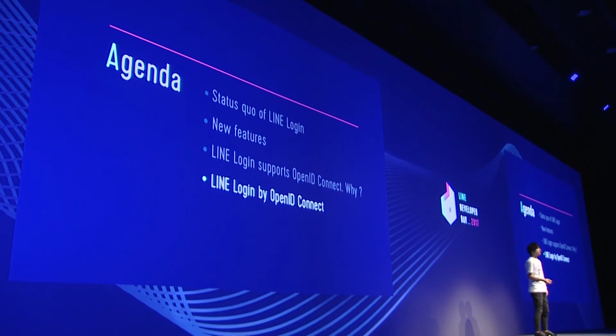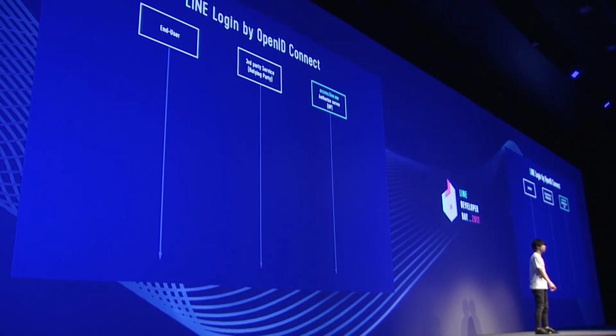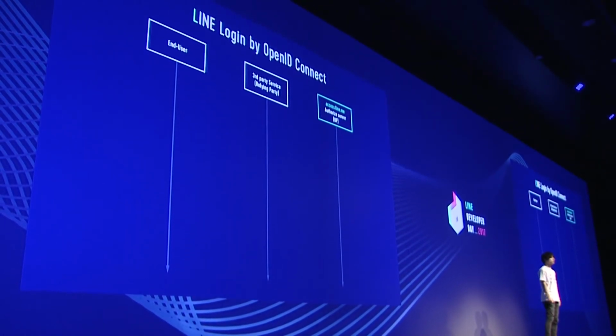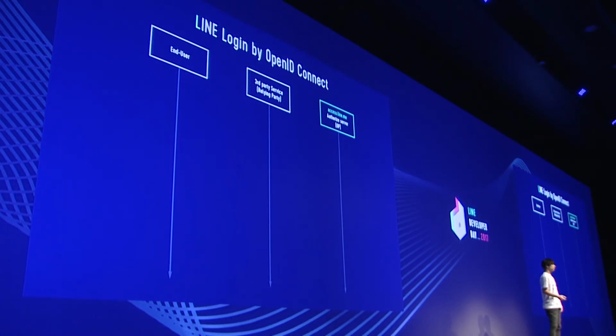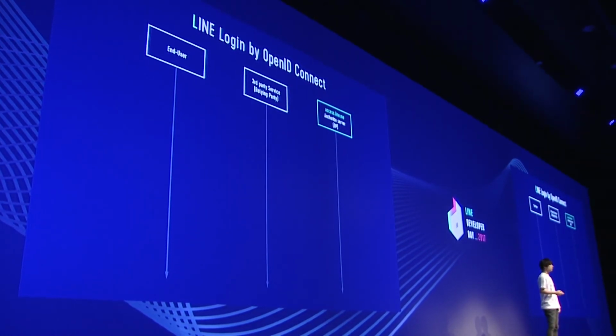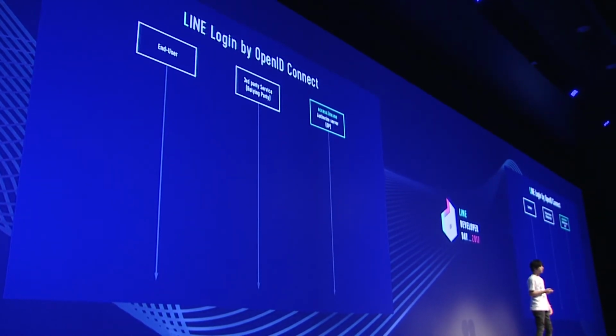Let me talk about LINE login using OpenID Connect in more detail. Let me use a sequence chart. Mostly, it's the same as OAuth 2. So if you already have experience integrating with OAuth 2, then it's not much of a confusion for you.